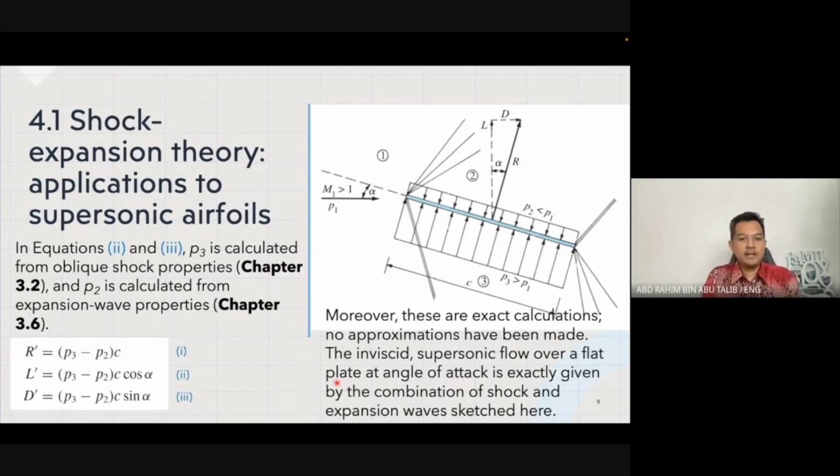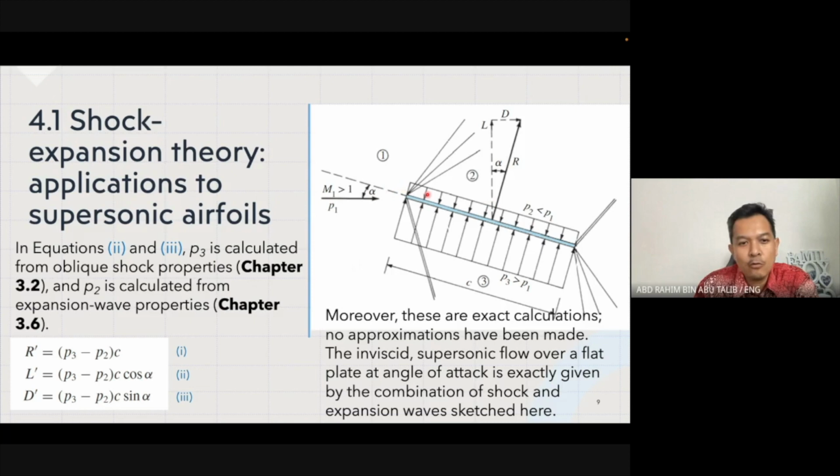So basically, in equations 2 and 3, what we have already shown earlier, P3 is calculated from oblique shock properties from chapter 3.2, and P2, the pressure at region 2, is calculated from expansion wave properties, chapter 3.6. So basically, we are now looking at the two scenarios.